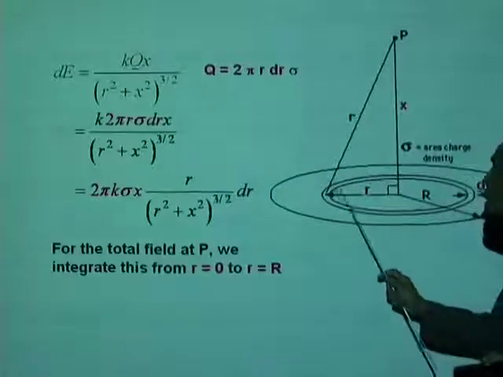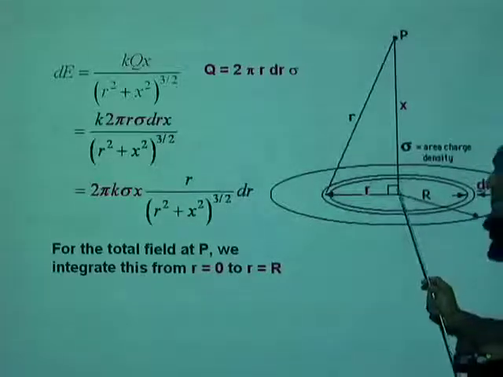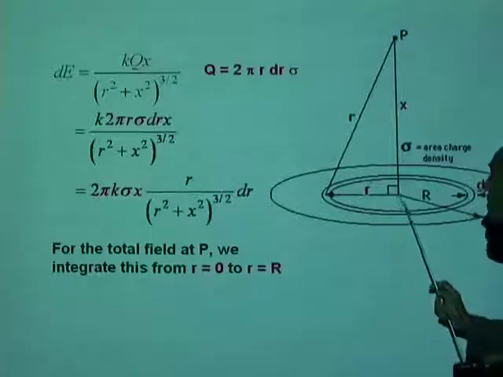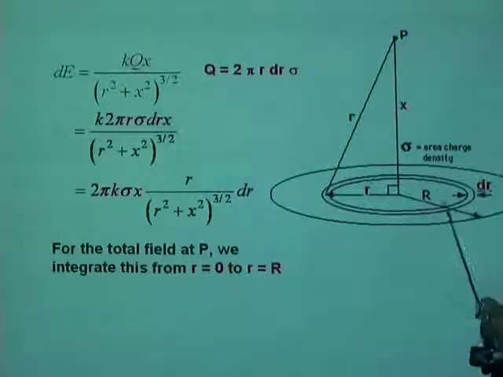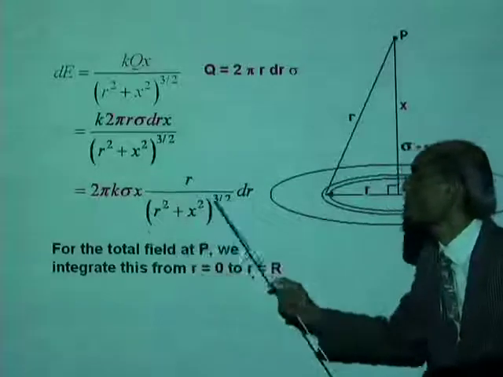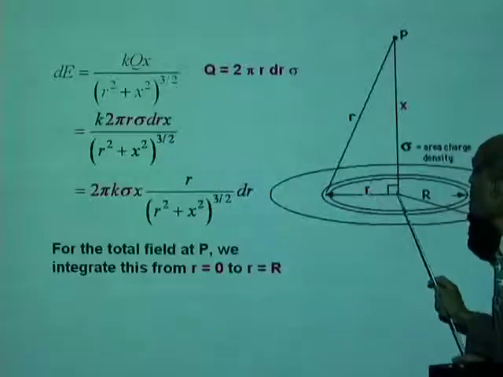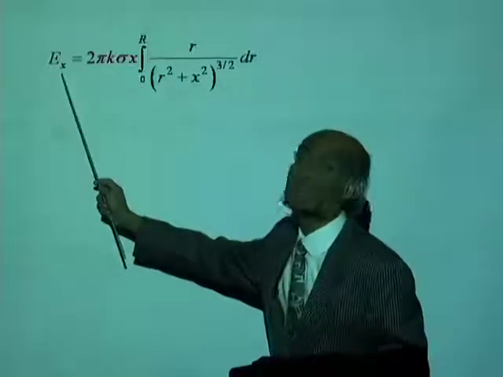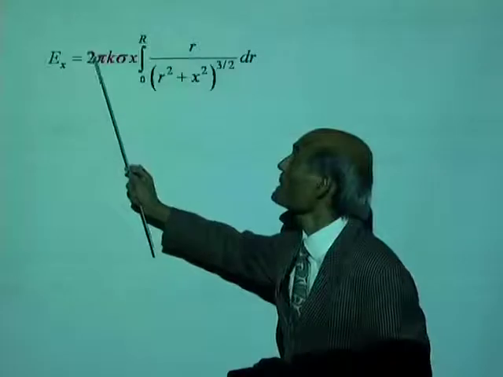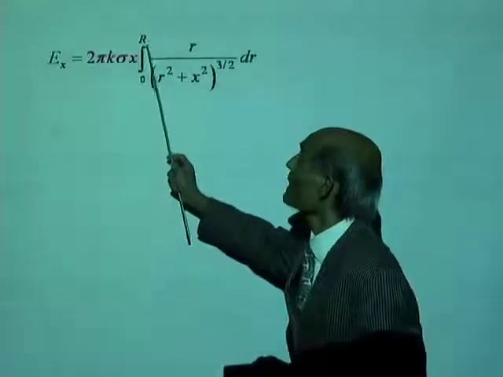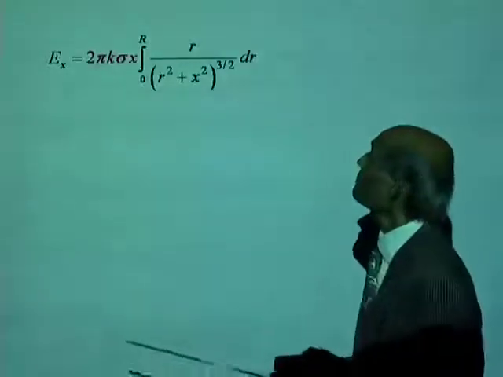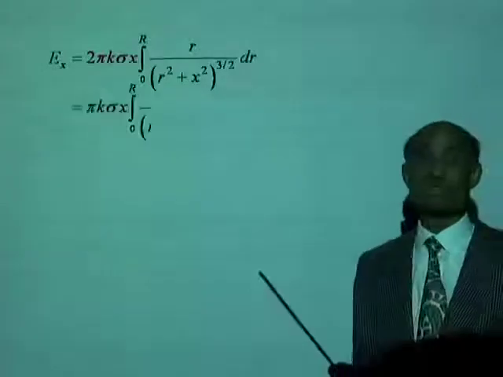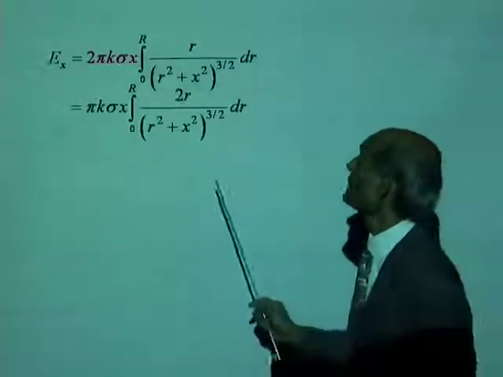You see, this ring that we have taken can be taken anywhere on the disk, from r equal to 0 to r equal to big R. So you integrate this quantity for r equal to 0 to r equal to big R, and the electric field at P becomes 2 pi k sigma x, integral 0 to R, r over (r squared plus x squared) to the power 3 over 2 dr.